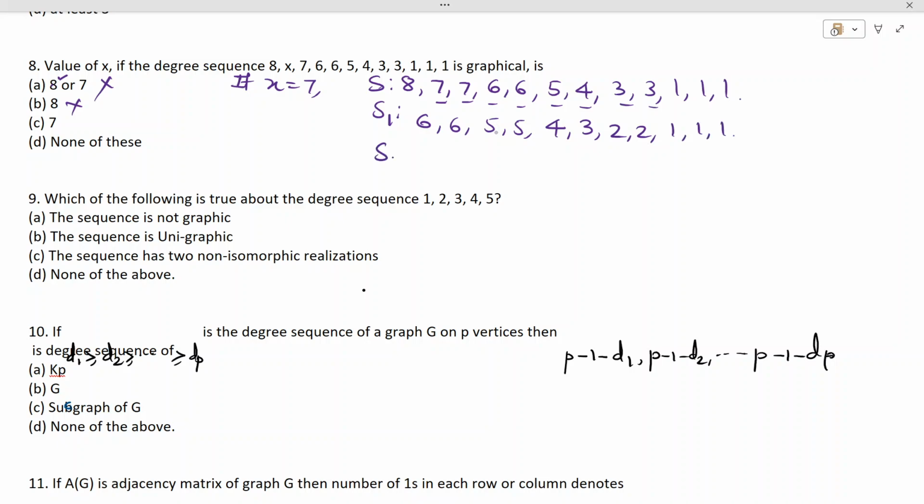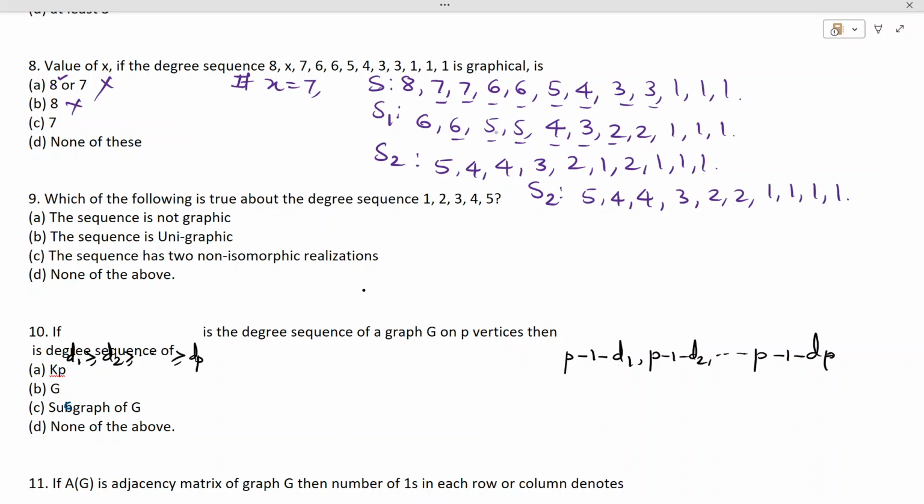Again applying the Havel-Hakimi algorithm, we get 5, 4, 4, 3, 2, 1, 2, 1, 1, 1. That is, S2 is 5, 4, 4, 3, 2, 2, 2, 1, 1, 1, 1.